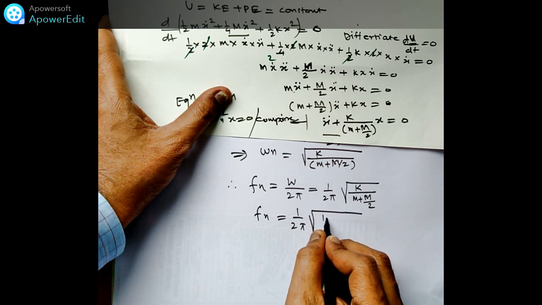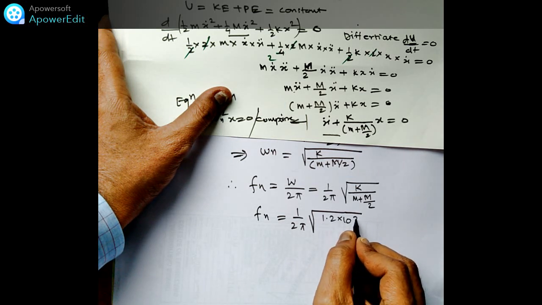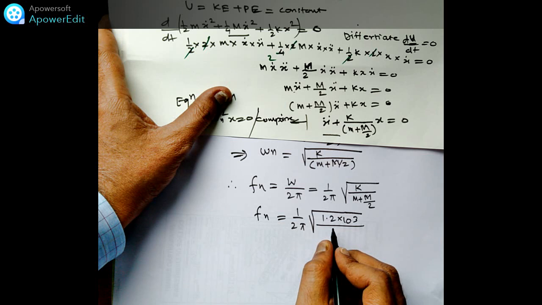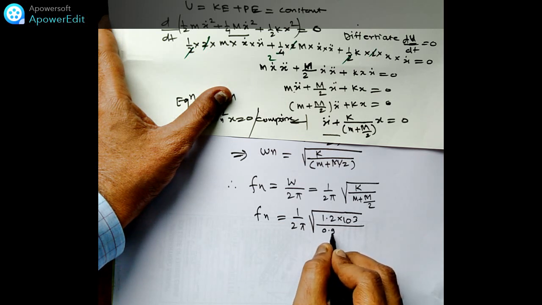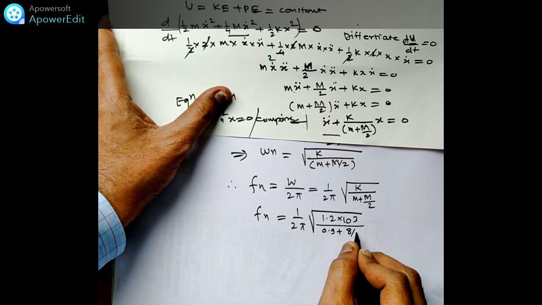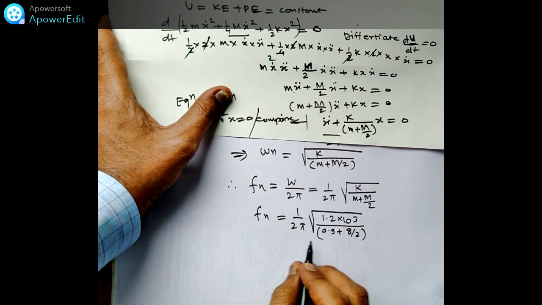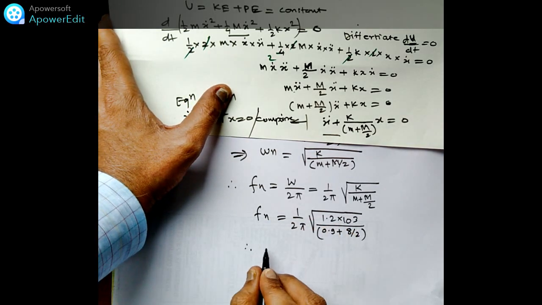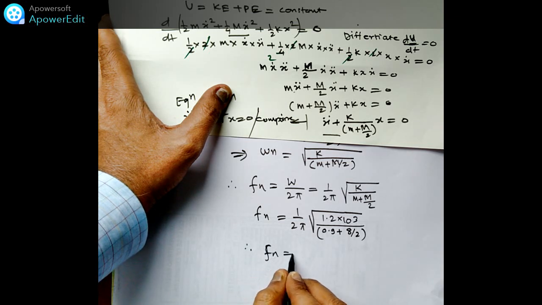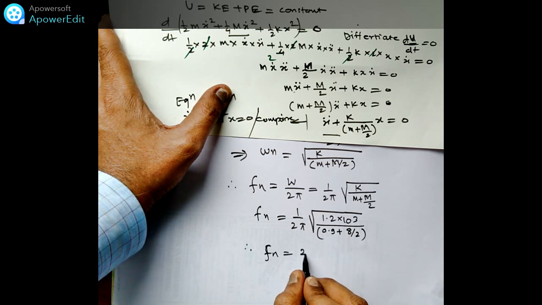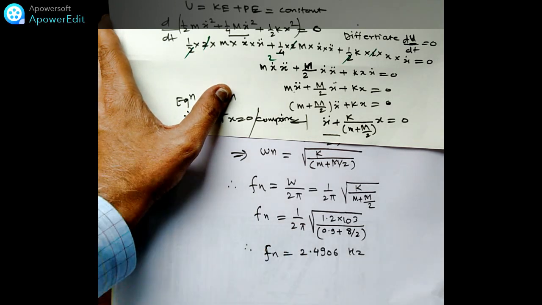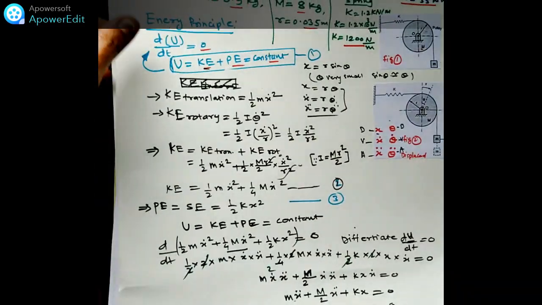K is how much? 1.2 into 10 raised to 3. The value is given to you, and small m is 0.9 plus 8 by 2, the capital M value of 8 is given to you. So solving this equation, the final answer of frequency we obtain here is 2.4906 Hertz.